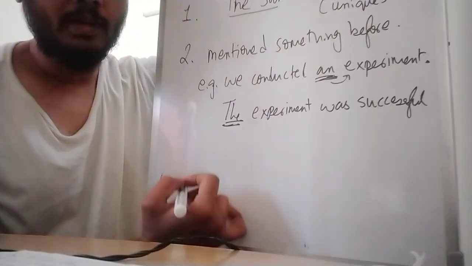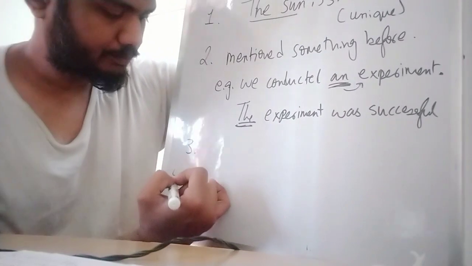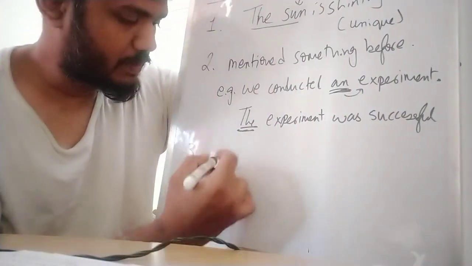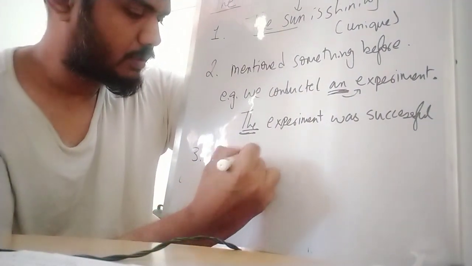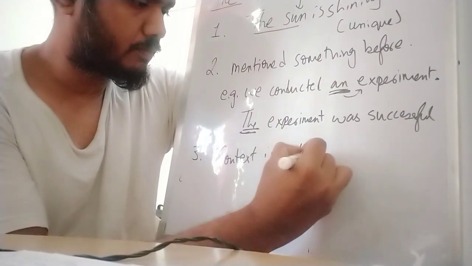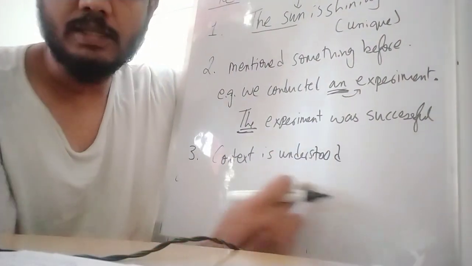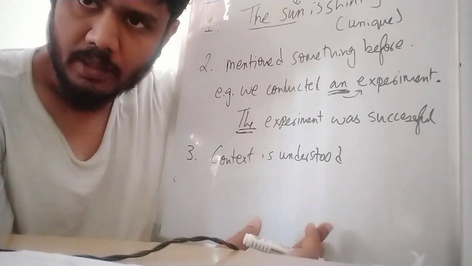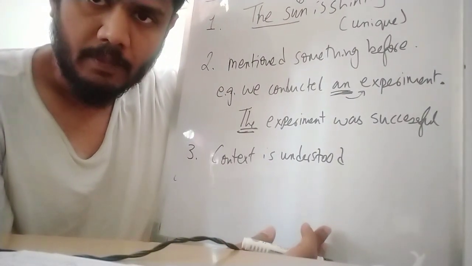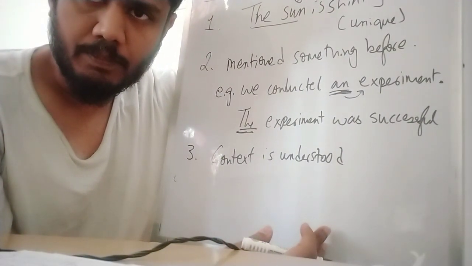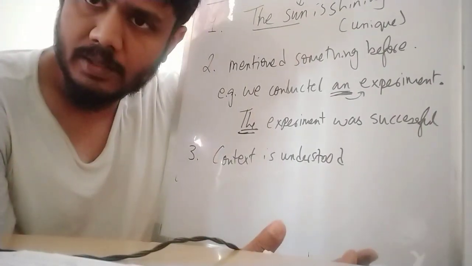Okay, now point number three. Point number three is when the context is understood. What do we mean by the context being understood? For example, there are many prime ministers in this world, right?